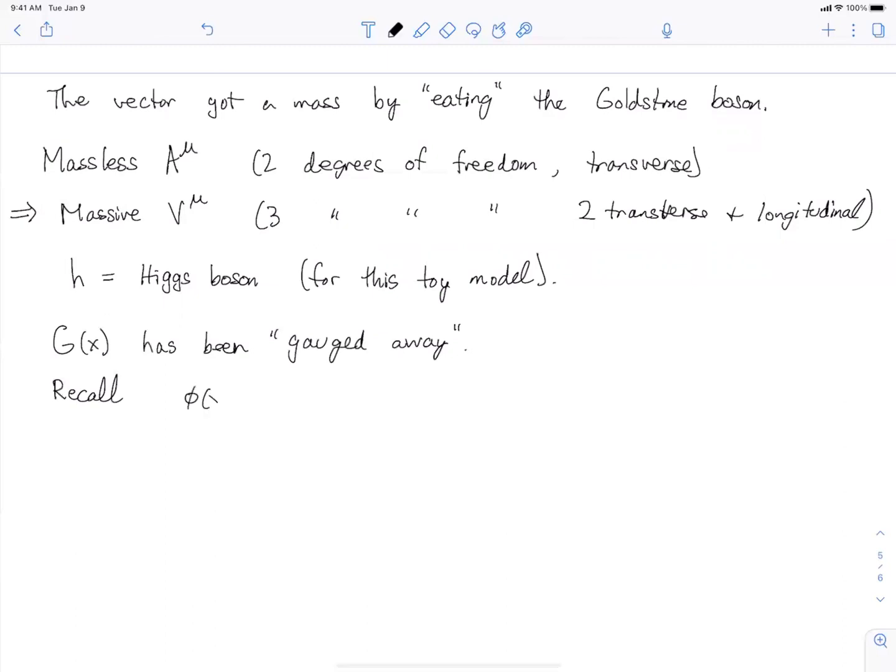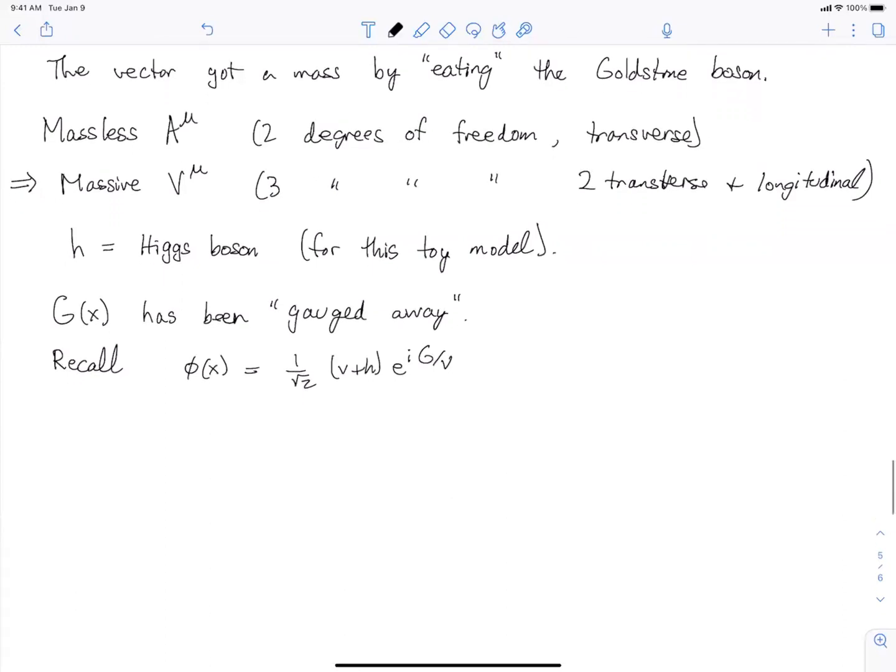that we had written the scalar field like this. Right, but when you write it that way, you realize that e to the i G over v is just a complex phase, and that's exactly what the gauge transformation does. It multiplies by a complex phase.